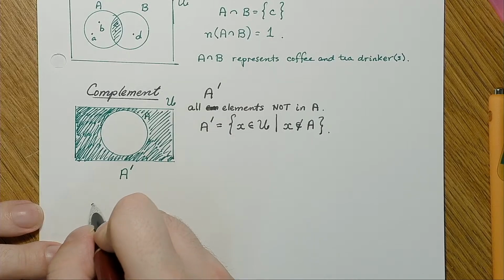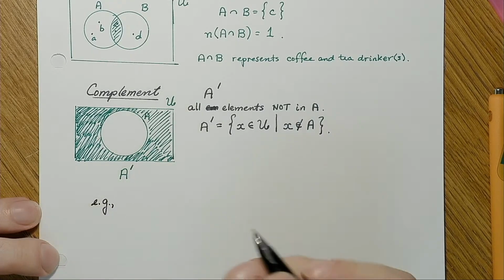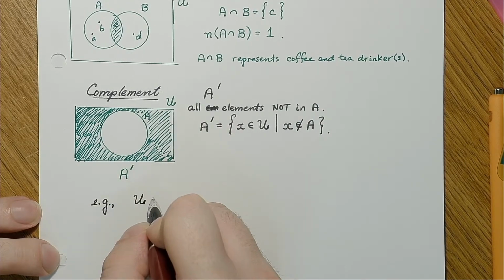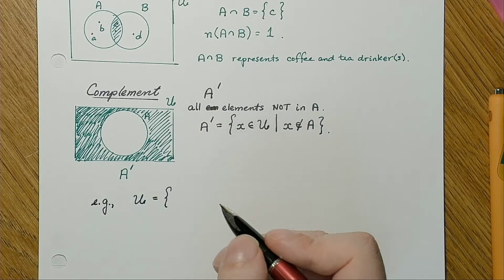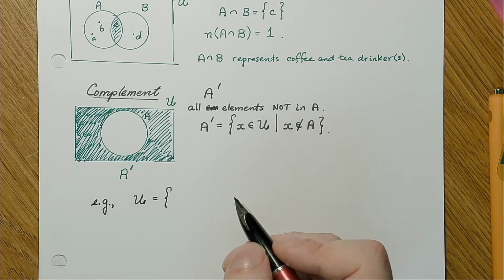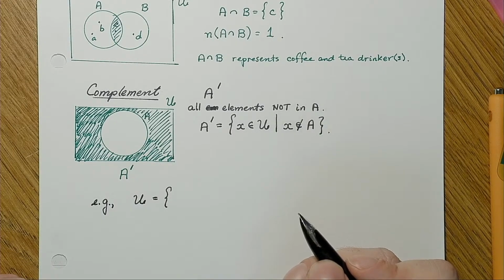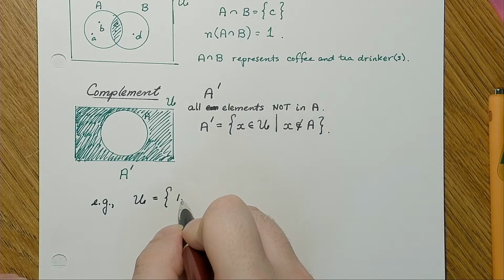So I have an example. If I have a universal set, let's pick something.